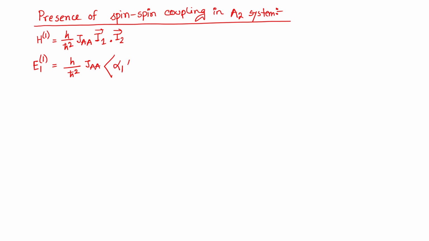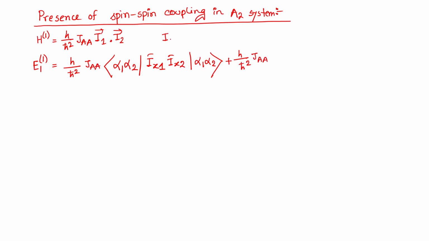It is alpha 1 alpha 2. Now this is going to be X1 X2 on alpha 1 alpha 2. So I have split these into three terms, right?